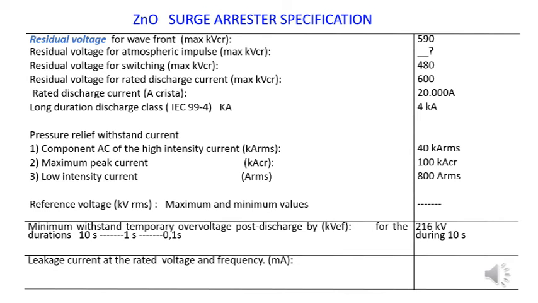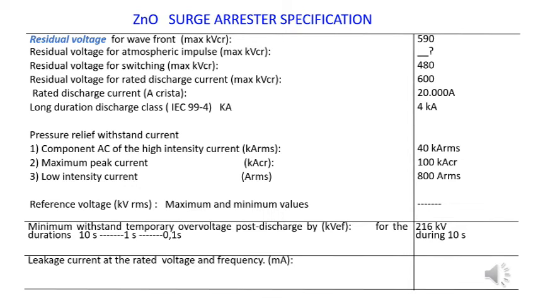Here we have other specifications, and in the upper part of this table we see several residual voltages for different types of waves. And we should remember that residual voltage is the peak value of the voltage drop that will occur between the terminals of the surge arrestor when one discharge of a certain shape passes through it.